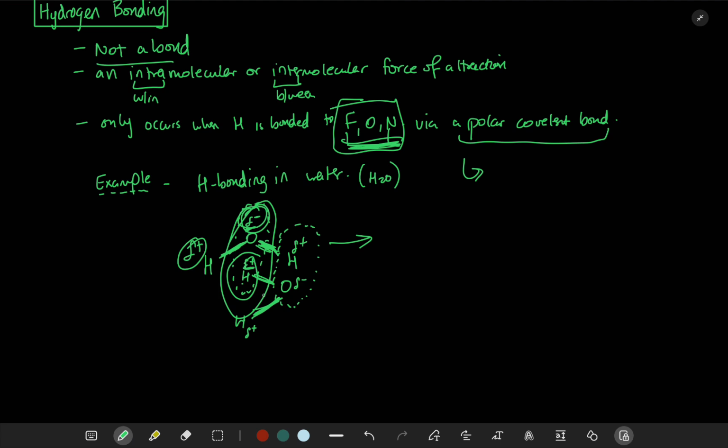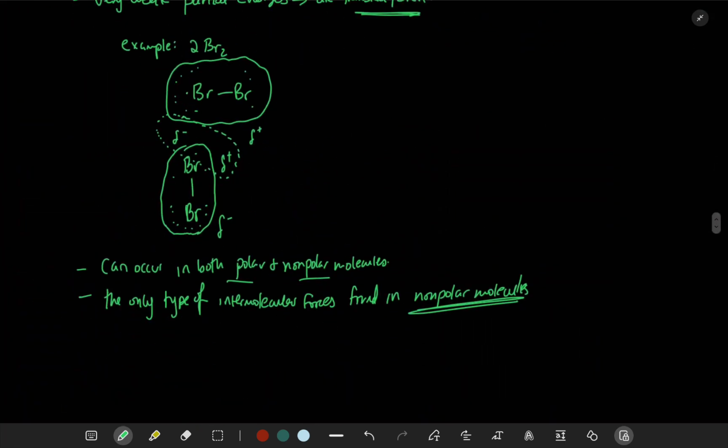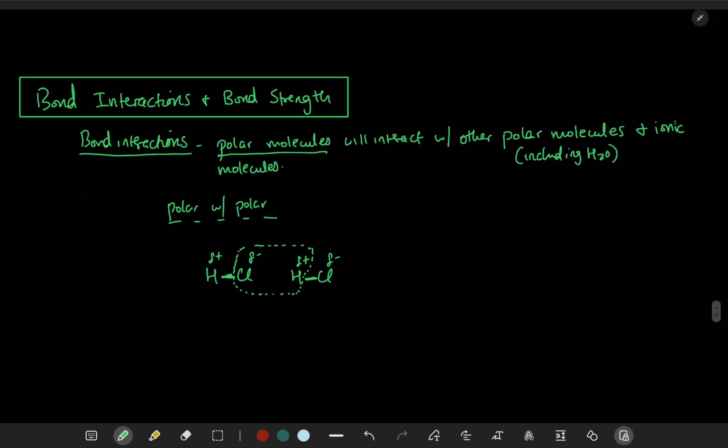This oxygen has a partial negative charge, because oxygen is the atom with greater electronegativity, so it pulls that bonding pair of electrons towards itself, and hydrogen receives a partial positive charge. And so we have the result of hydrogen bonding here, and since water is a polar molecule, this is another form of polar molecules interacting with one another.